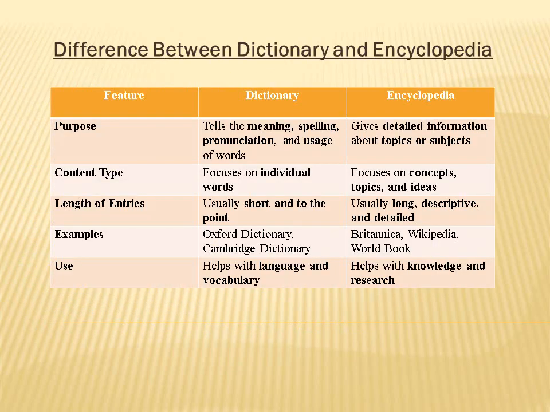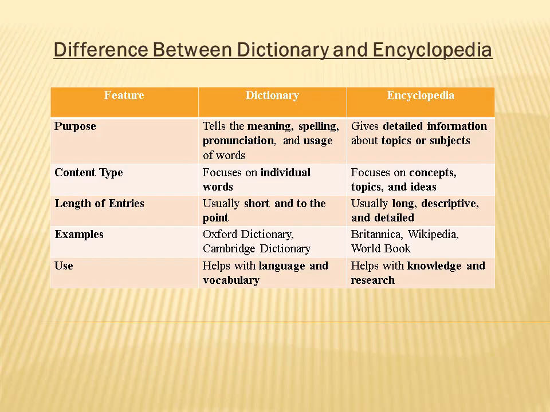Difference between dictionary and encyclopedia. Feature: dictionary, encyclopedia. Purpose: tells the meaning, spelling, pronunciation, and usage of words; gives detailed information about topics or subjects. Content type: focuses on individual words; focuses on concepts, topics, and ideas.